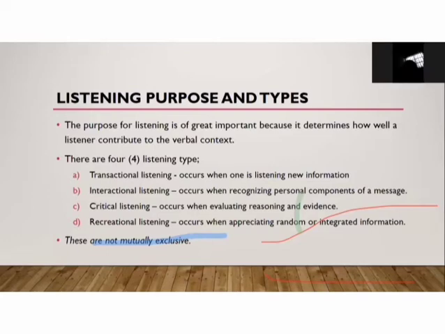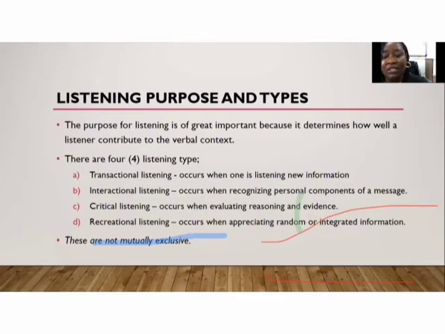The fourth listening type is the one we call recreational listening. And this occurs when appreciating random or integrated information. For example, if you're at home listening to the news on TV, you may not be paying 100% attention to everything that is said. But something comes up, maybe you hear ASU embarks on a strike. That quickly grabs your attention.